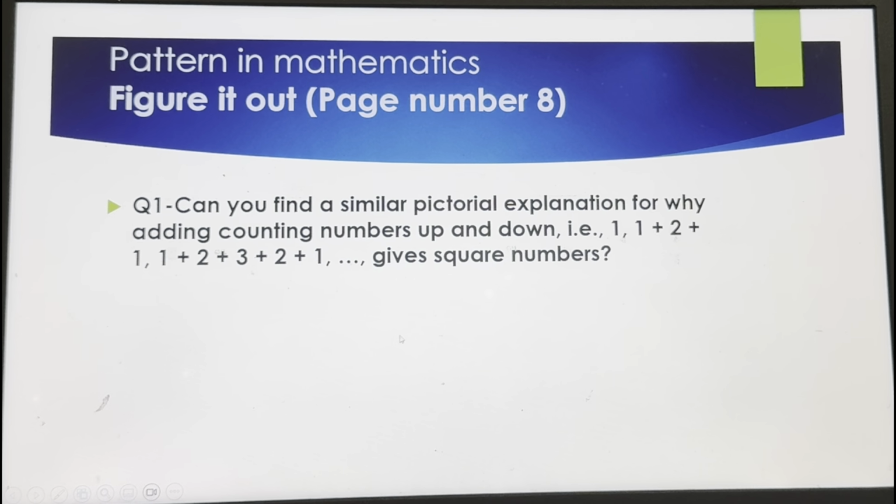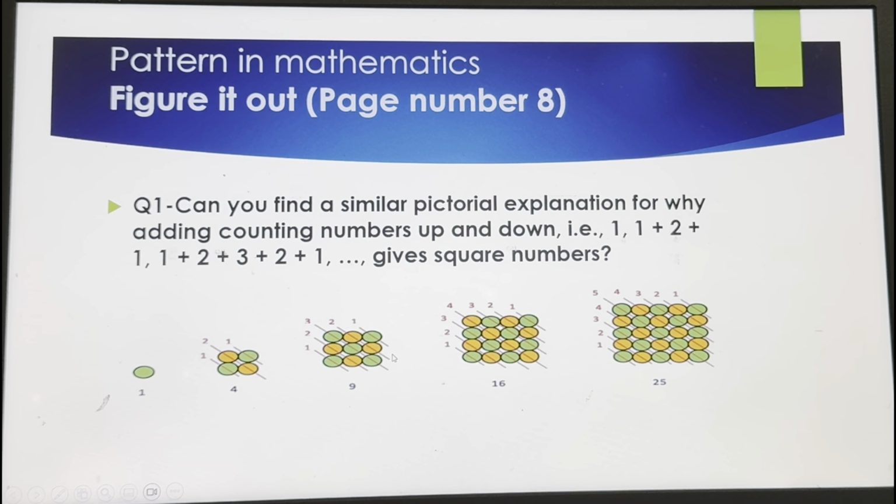I'll just show you the picture. Because it is color coded, it will be easier for you to understand. So first is 1. Then you add 1 plus 2 plus 1, so you're getting 4, correct? Now see the third picture: 1, then 2, the orange color, the green, then orange, then 3, then 2, then 1. So you're getting 3 by 3, that is 9, 3 by 3 dots, right?